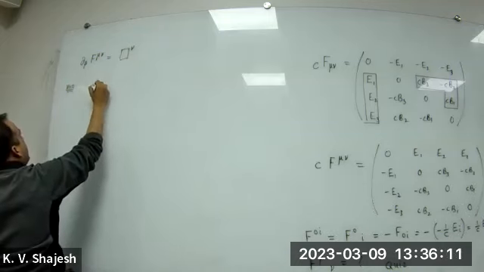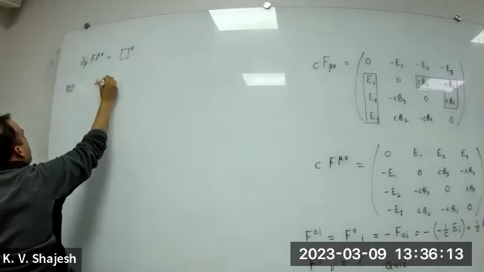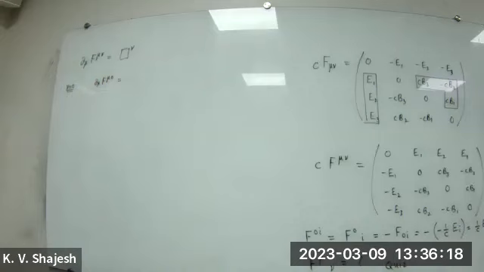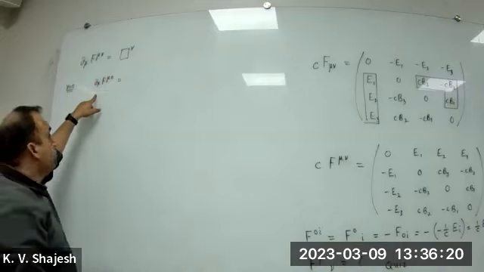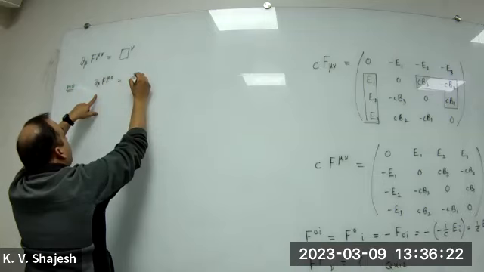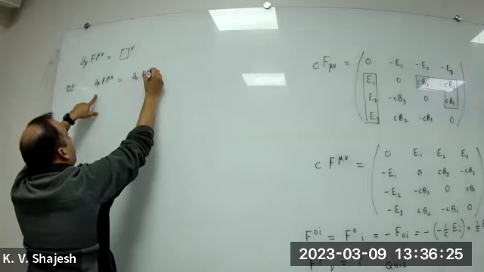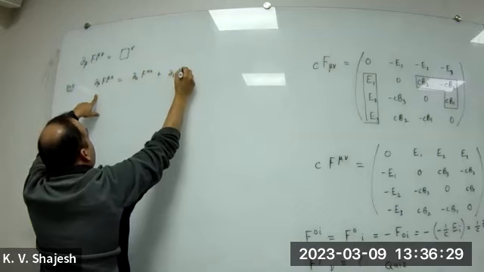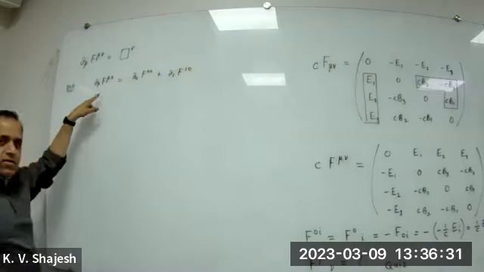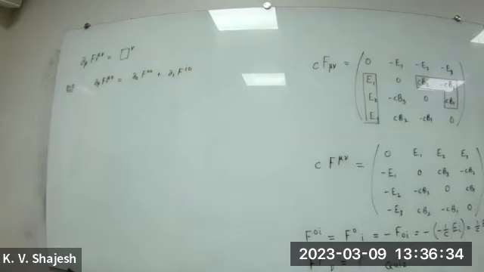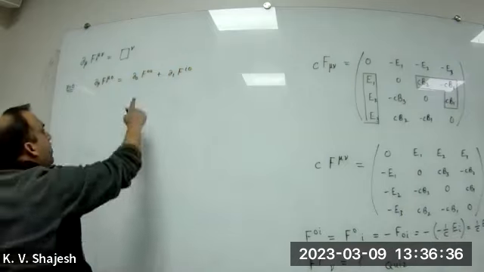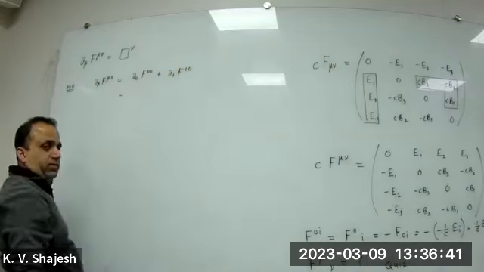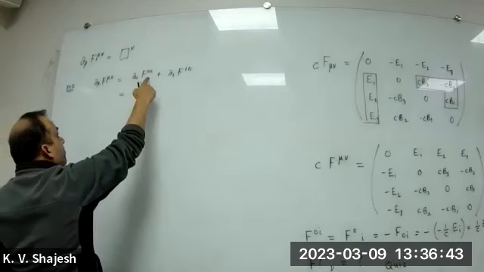Then d mu F mu 0 is equal to a summation over mu. So this is d0 F00 plus the Latin indices d i F i0. What is F00? It's 0, because it's the diagonal piece.